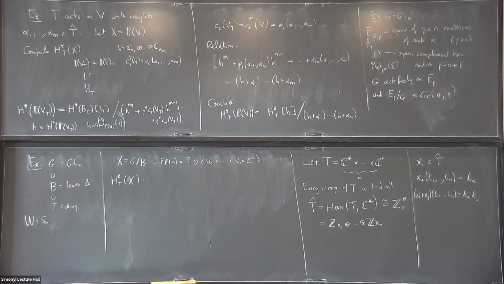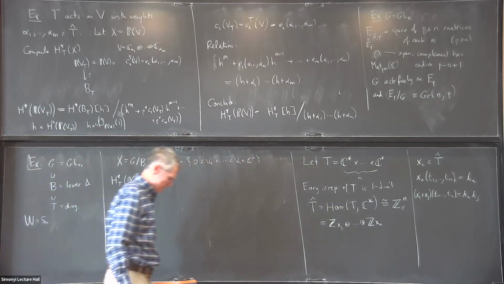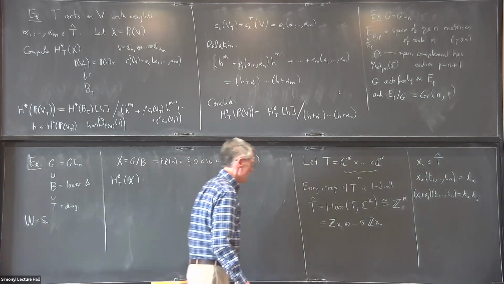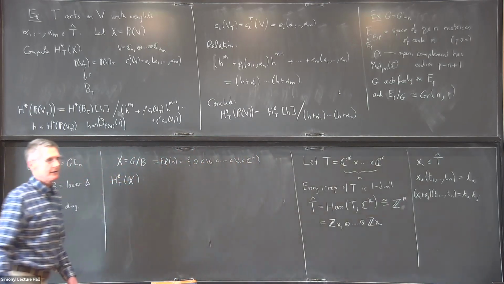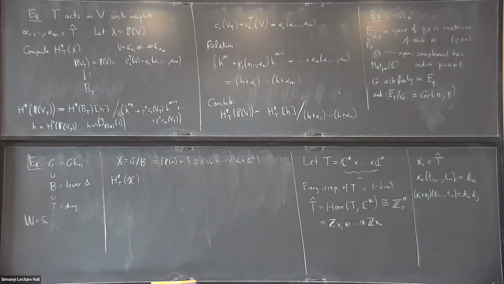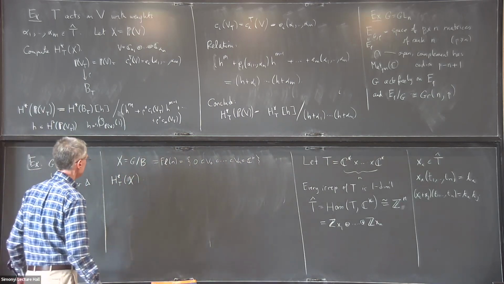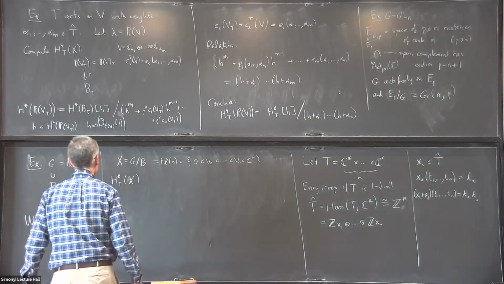Somehow G moves everything around too much, and it's not as interesting. It's also not the subvarieties that we're going to consider. There are no invariant subvarieties under the group G, whereas we might be interested in things like Schubert varieties, which are invariant under T. So strangely, we're not going to consider the G equivariant cohomology. We're going to consider the T equivariant cohomology.